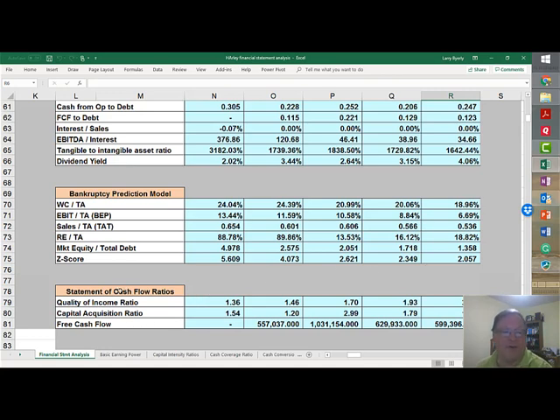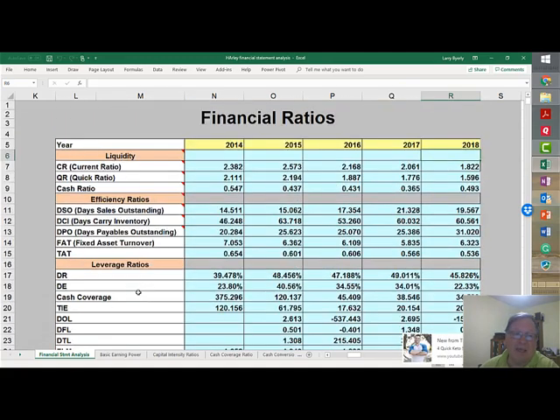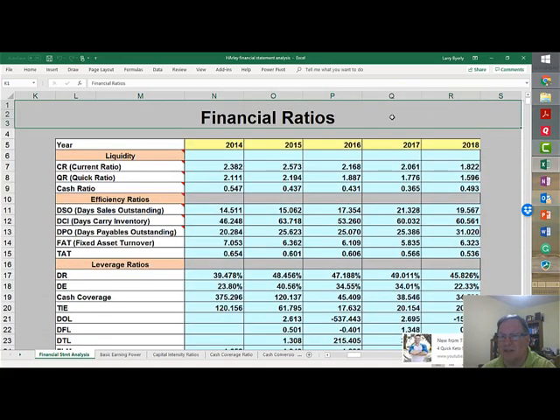And then there are also some ratios that refer to the statement of cash flows. So again, all of these are ratios that you may use in your analysis of the company. Now, some of them are required, and some may just be the ratios that you might want to utilize to make your point.